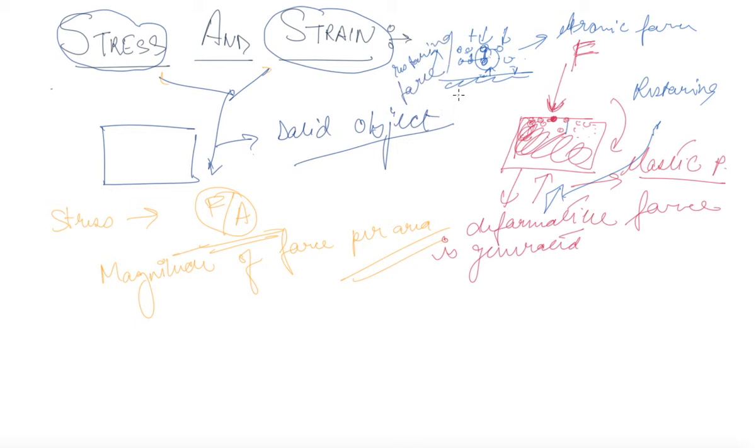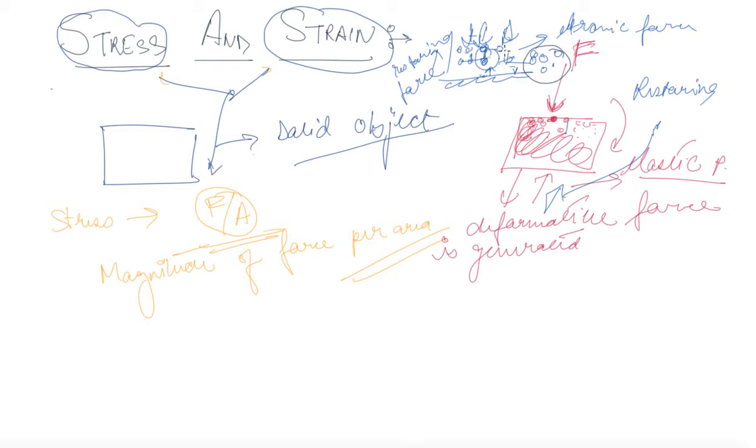Now, sometimes if you apply a force too hard, the bond breaks and forms in some other places. A bond that was in place here starts breaking and starts forming in some other equilibrium place where the experienced force is less.